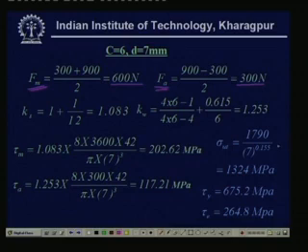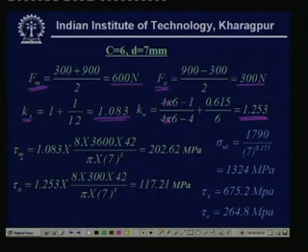Now, we know the shear stress concentration factor K s will be given as 1 plus 1 by 2C, that is 1.083, and K w is (4 into 6 minus 1) by (4 into 6 minus 4) plus 0.615 by 6. So it comes out to be 1.253.